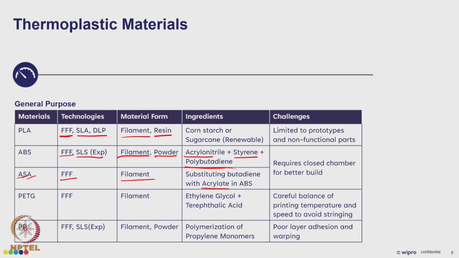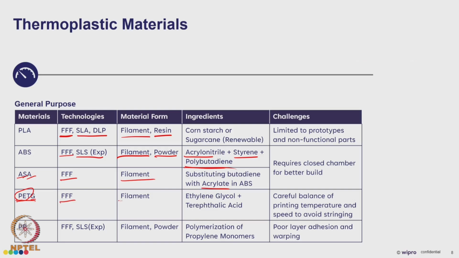And we could see both these materials require a closed chamber for a better build, and we have the next material, that is PETG. It is the usual material called PET, which we usually see in water bottles, and along with it glycol is added, so that we can use it in additive manufacturing.